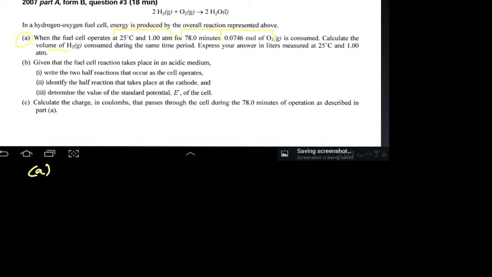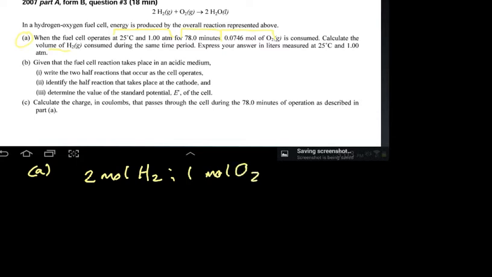So I don't think most of this is going to matter. We know how many moles got consumed, so we should be able to figure out exactly how much hydrogen was consumed just using stoichiometry. So in the reaction, there are 2 moles of hydrogen for every 1 mole of oxygen.